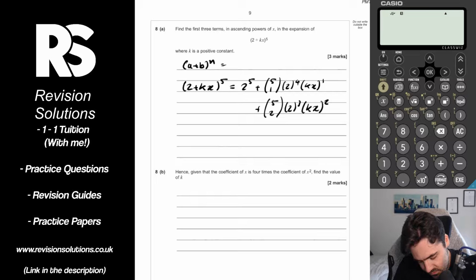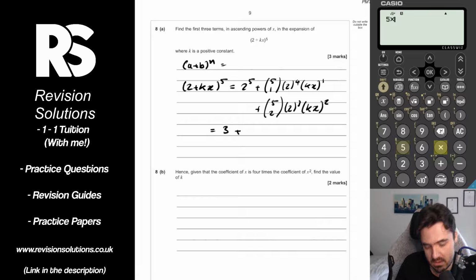Sorry, 2 to the power of 5 is 32. 5 choose 1 is 5. So that's going to give us 5 times 16.